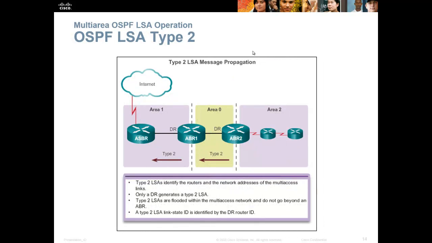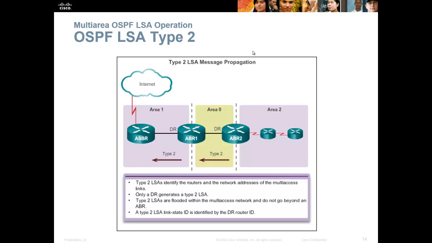All right, and then your type 2. Remember, after the DR is elected, all the DR others send information to the designated router. That's a type 2 message. The DR then generates the type 2 message to go to all the other routers.